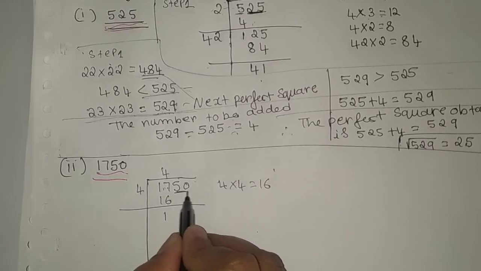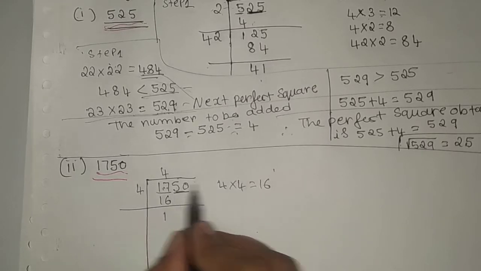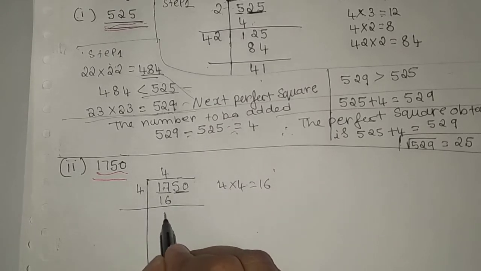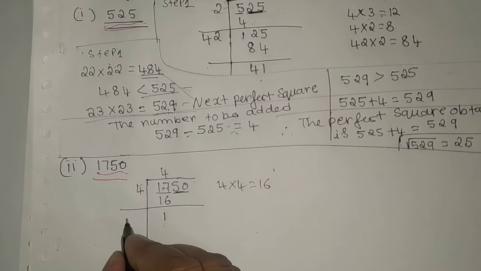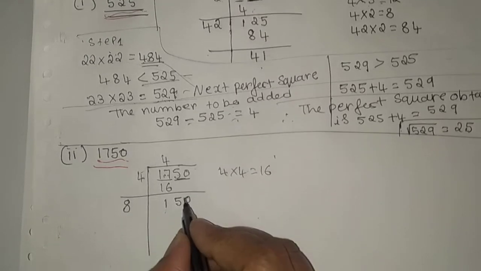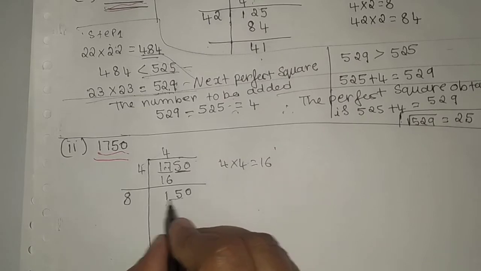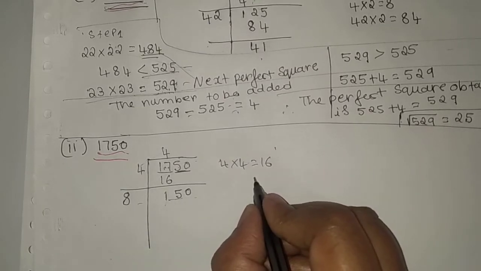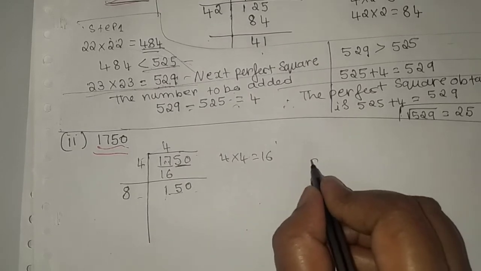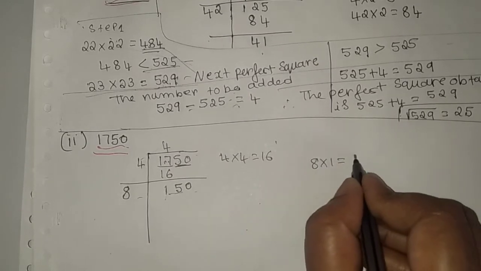First pair these two numbers. Then find the nearest square of the number, that is 4 into 4 is 16. So the remainder is 1. Then add these two, 4 plus 4, 8. Then bring down this number 150. Now find out the nearest number in the 8th table. So what is the nearest number in the 8th table? We'll take 8 into 1, 8.